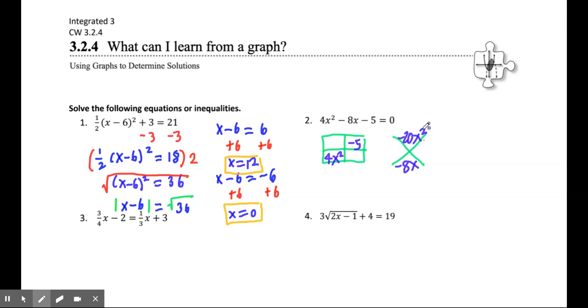And then two things that multiply to negative 20x squared and add up to negative 8x are negative 10x and 2x. And then you put those in your area model, and then you figure out your dimensions of your area model.